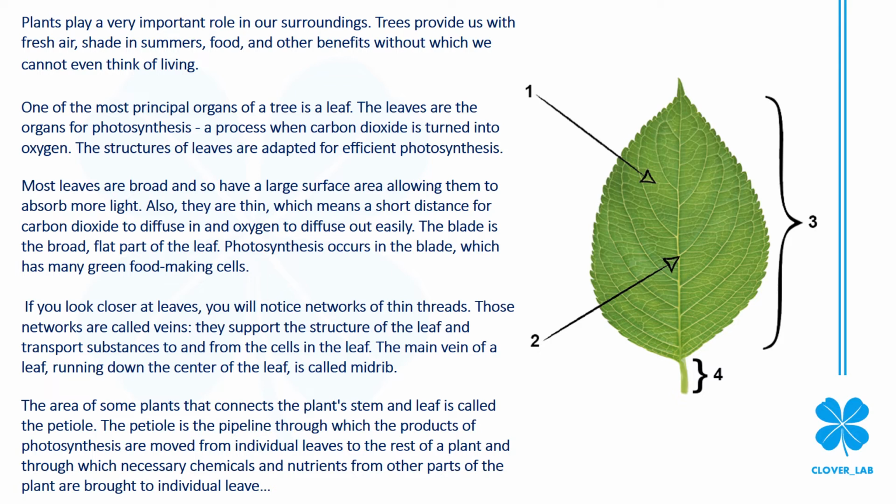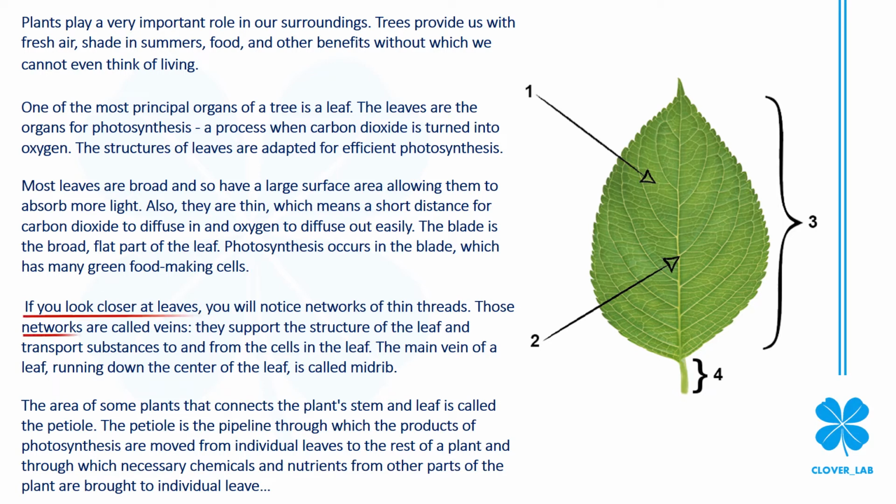So if you see there is an arrow near the number 1, it is pointing to the little threads in the middle of the leaf. So to find the answer, we need to look for the keyword thread, and you can find that in the 4th paragraph. Here is the part of text where it appears.